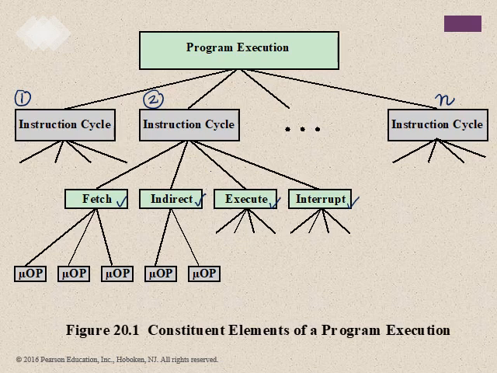Remember back to chapter 14, we have RTL symbols. So let me give you an example of the fetch. If you remember, we have PC, the first micro operation goes to MAR at T1.